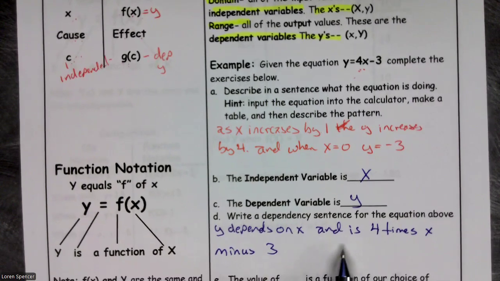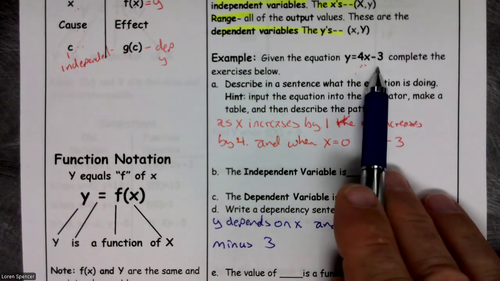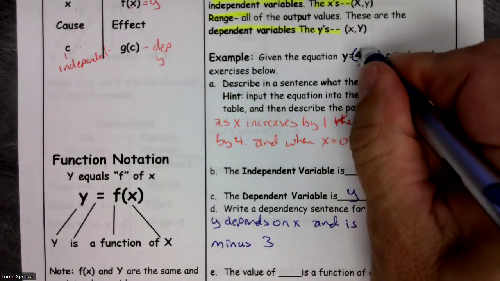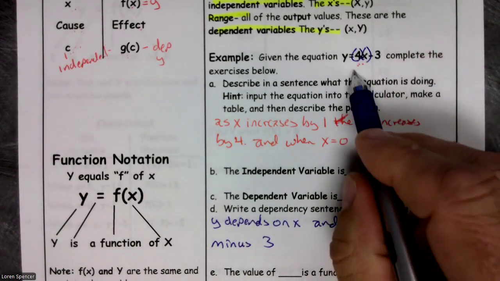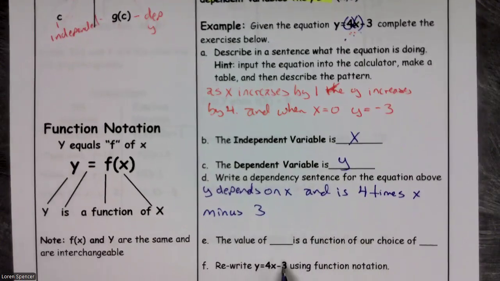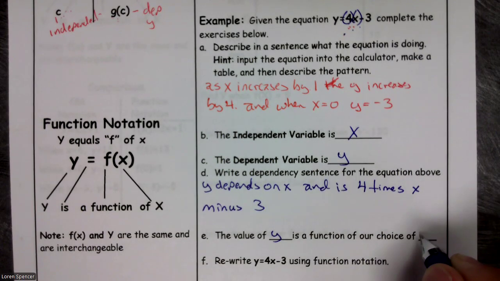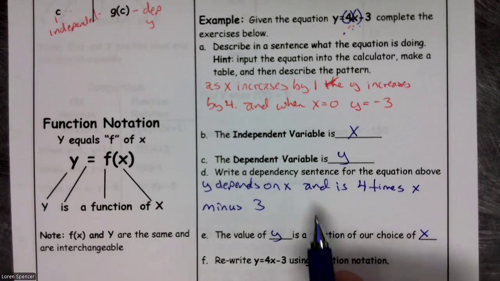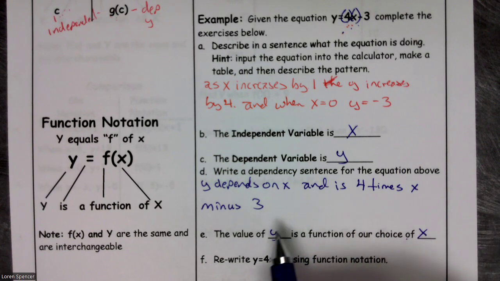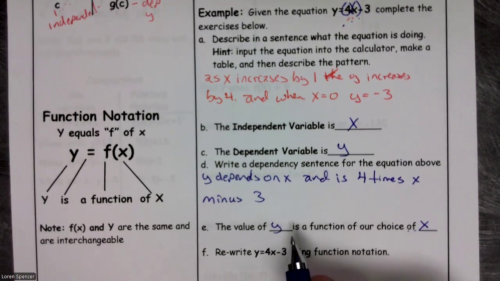Y depends on x and is 4 times x minus 3. Isn't that what we have? 4 times x minus 3? Because I could have just put these in parentheses, and parentheses means multiply. So 4 times x minus 3. There we go. The value of y is a function of our choice of x. In other words, every time we change x, y depends on it. And because we changed x, y is going to change.